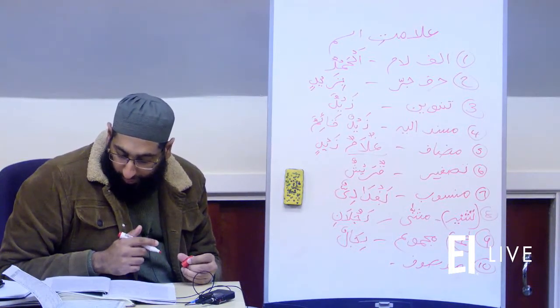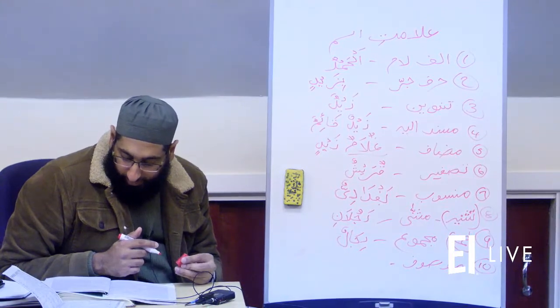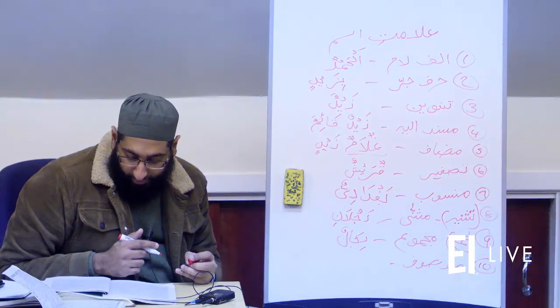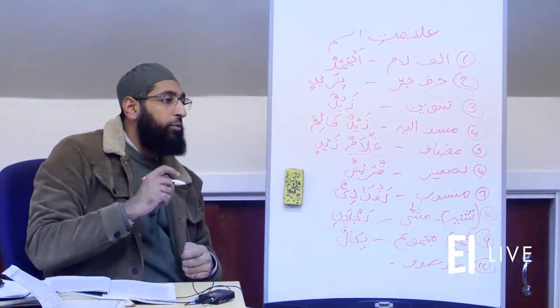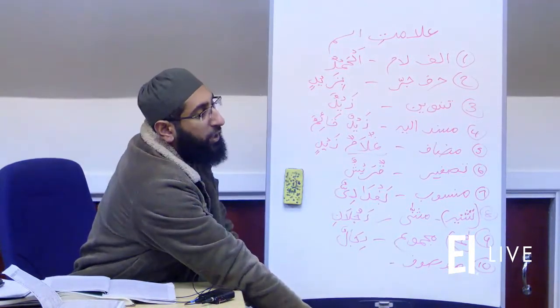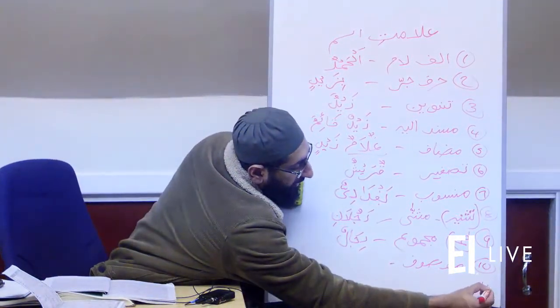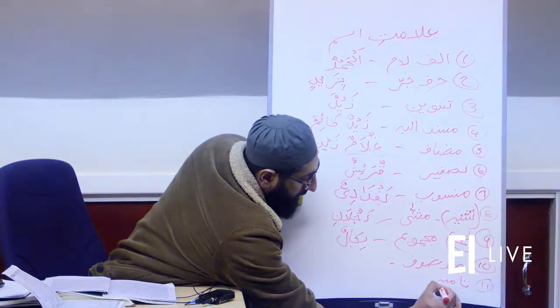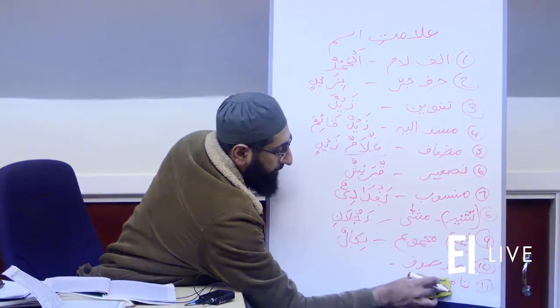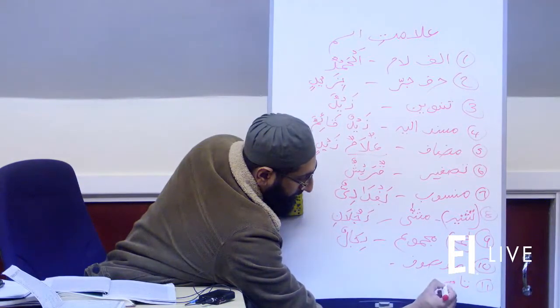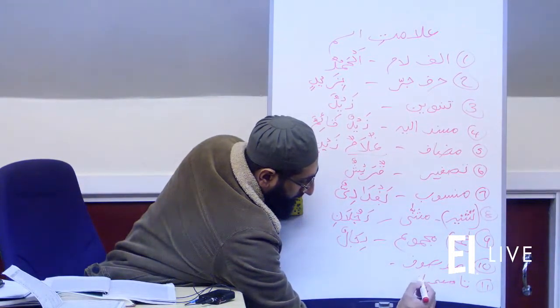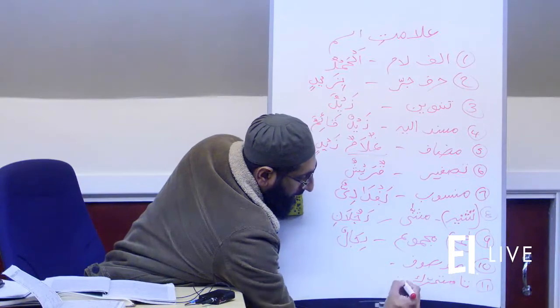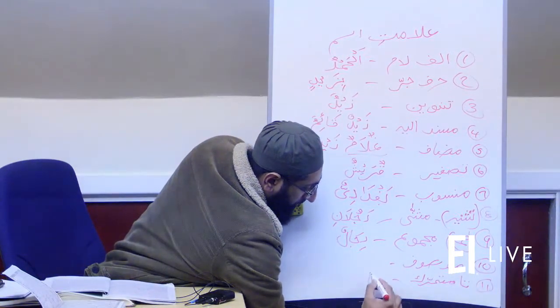The next one is the ta mutaharrik. Ta mutaharrik comes at the end of it. That's a ta marbuta. Yes? So this is the last one. Like daribatun.